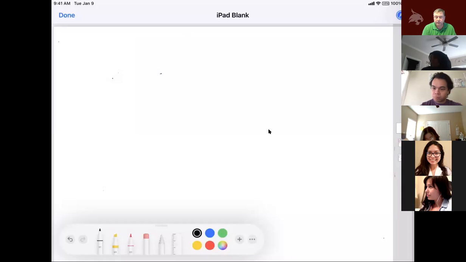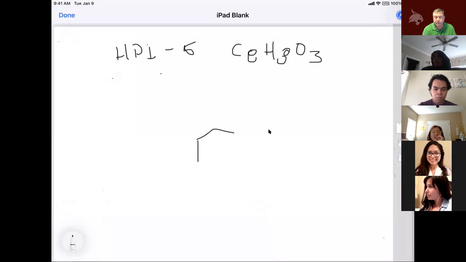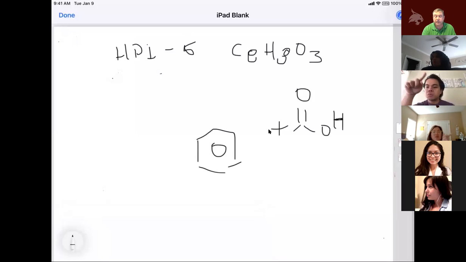So what we have so far is C8H8O3 as our empirical formula, which gives us our hydrogen deficiency index of 5, which gives us a benzene ring plus what looks like a carboxylic acid or a carboxylic acid salt, but it has to be conjugated.